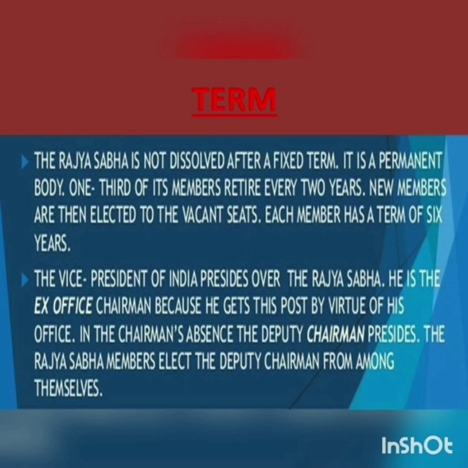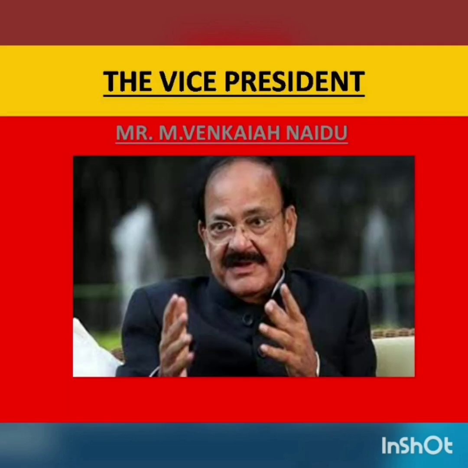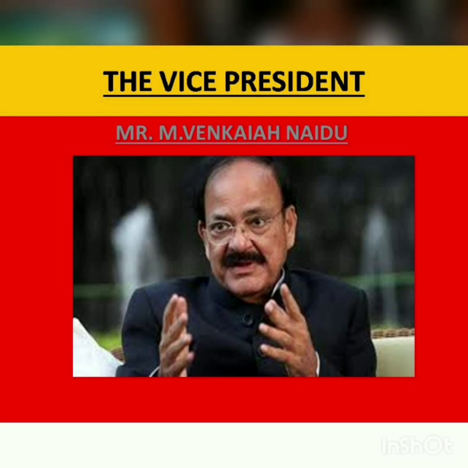In the chairman's absence, the deputy chairman presides, and the Rajya Sabha members elect the deputy chairman from among themselves. So, who presides over the meetings here? Who is the chairman of Rajya Sabha? The answer is the Vice President of the country. Now see the present Vice President of the country, Mr. M. Venkaiah Naidu. He controls the proceedings and discipline of the House.